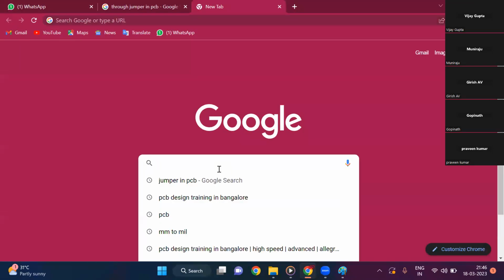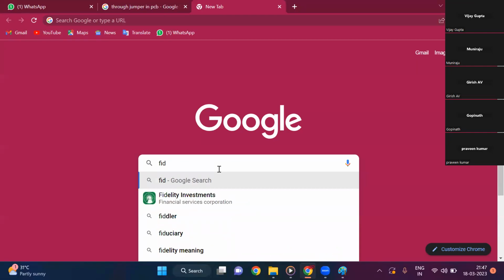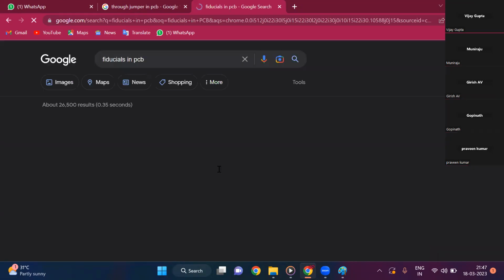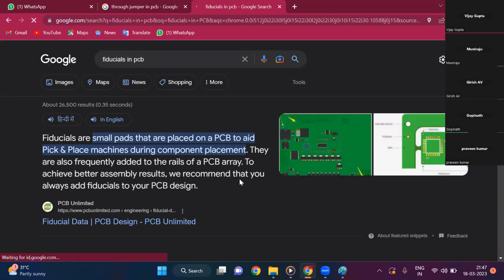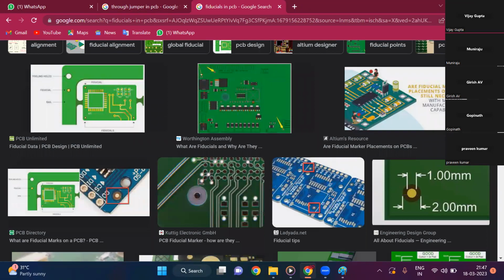Okay, I mean to say, if I show you some examples of the fiducials, I have already seen some data. Have you gone through it? No. Okay. You see these boards, these motherboards.